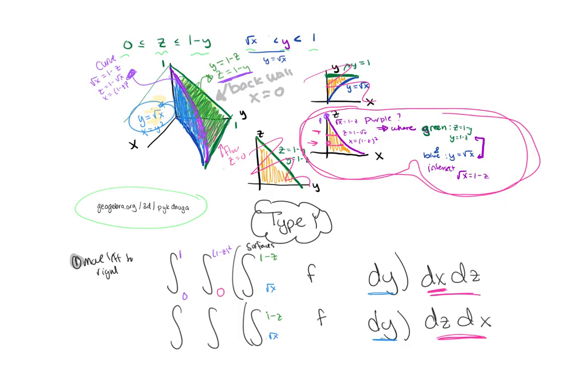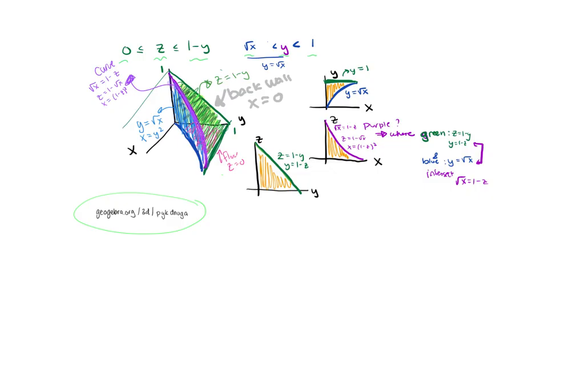Point up there is 1. If I do z first, I'm moving bottom to top, the direction of that z-axis. So that's from 0 to that purple curve, which in terms of z equals is 1 minus square root of x. And then x is just points, which is 0 and 1. So again, once we have those pictures all done, then we can look at those and read off the curves. So those are going to be my type y's.